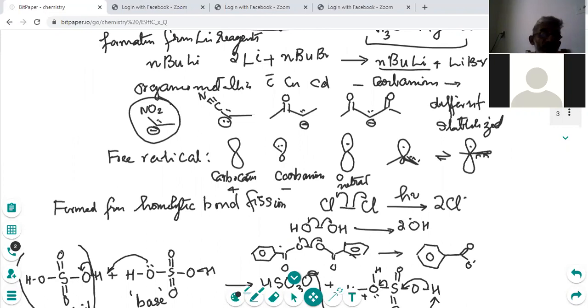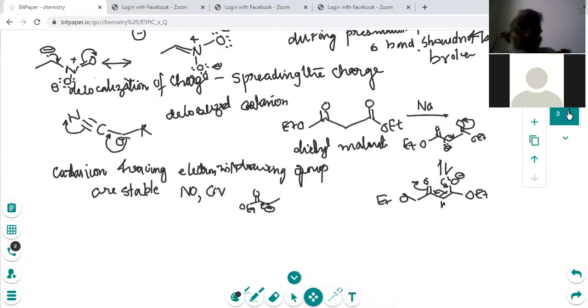Look at free radicals. What are free radicals? Free radicals are species which are neutral and contain one electron in the orbital. Okay, it contains an odd electron.